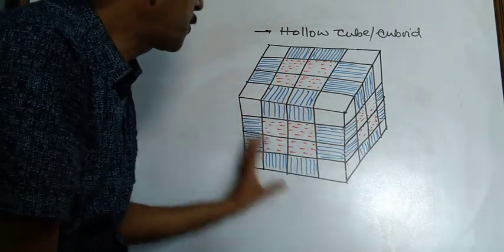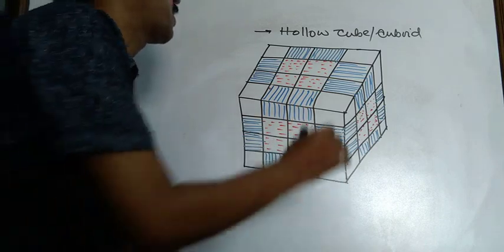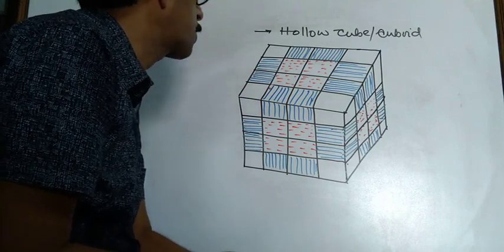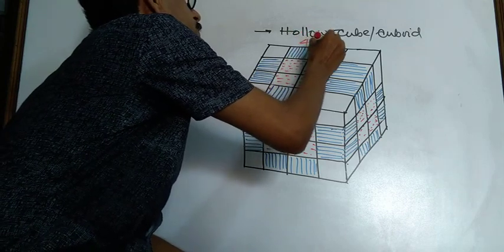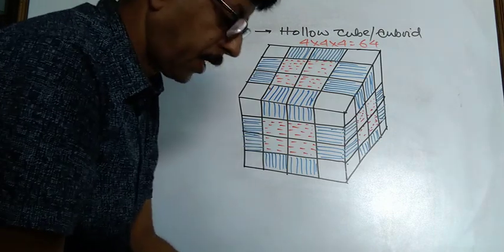Now here we want to see what the structure of the cube is. It is 4 cross 4 cross 4, which means 64 small cubes are there.